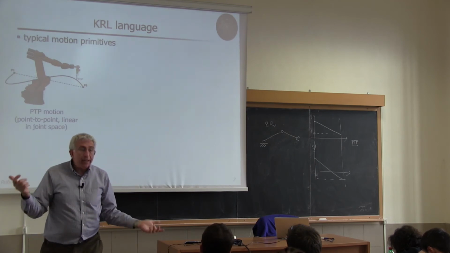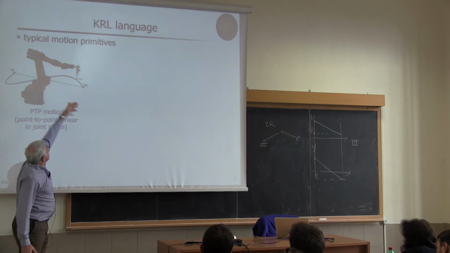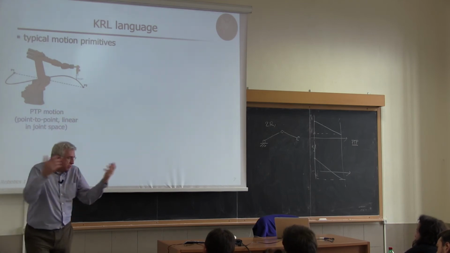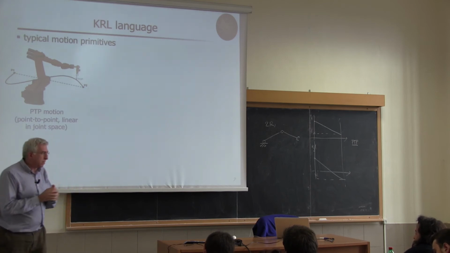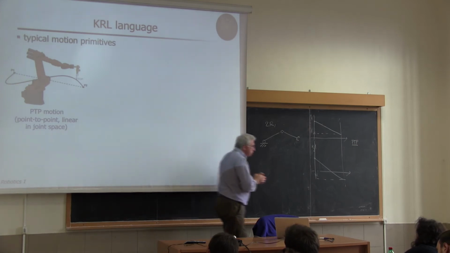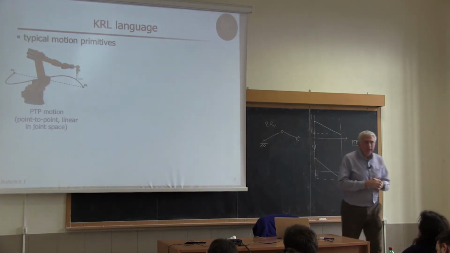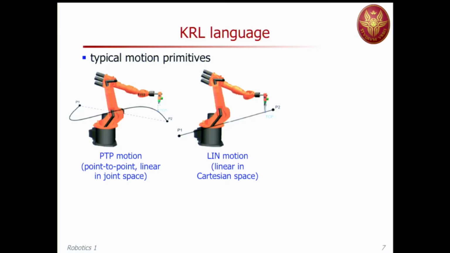I'm moving linearly in the configuration space, but here is what the tool center point is doing, just a representation, just to show that the two spaces are completely different. Okay? Indeed, it will start from P1 and go to P2, but there will be no linear motion in this case. To perform linear motion, you have to specify a Cartesian linear motion.